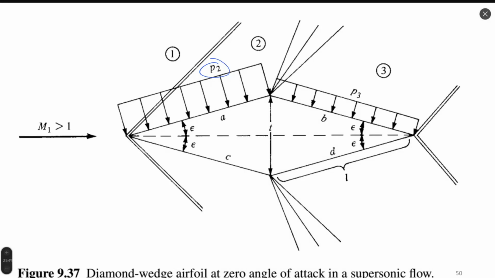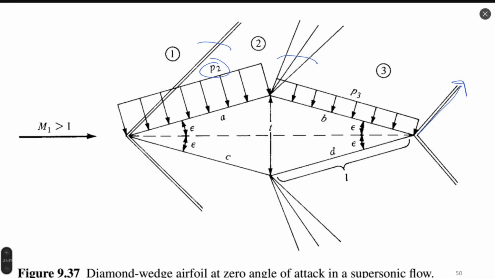And this can be calculated analytically because we know how to calculate an oblique shockwave, and we know how to calculate Prandtl-Meyer flow and pressure transition. Do not forget this very important thing: shockwave, Prandtl-Meyer flow, and shockwave again.